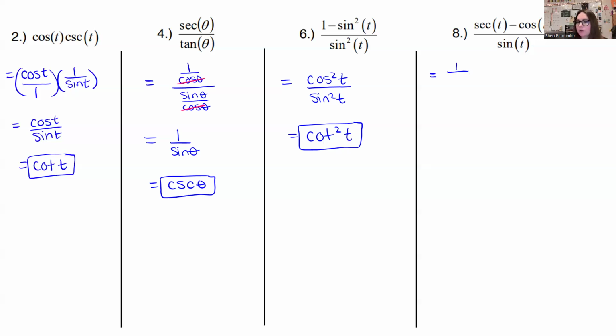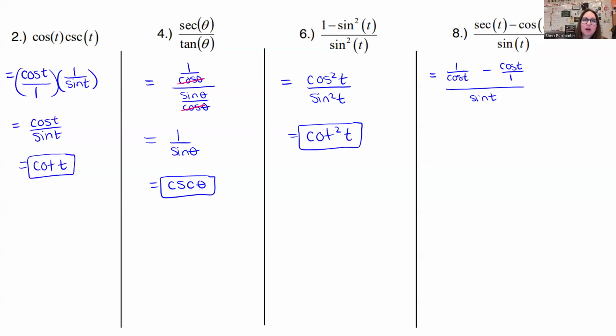So we've got 1 over cosine minus cosine. So it's cosine, and I'm going to make it over 1 since the other one is a fraction. And sine is already in terms of sine. How does that help me?